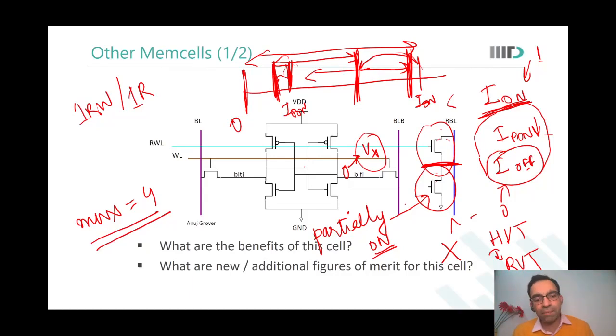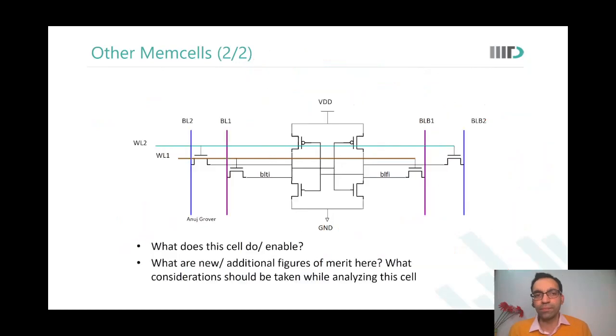You will see many academic papers simply doing this. Oh, I will just put one device at low VT, no impact on leakage. If you do that, you cannot make the layout. You're not even considering the impact on area then. So we design the cells very carefully.